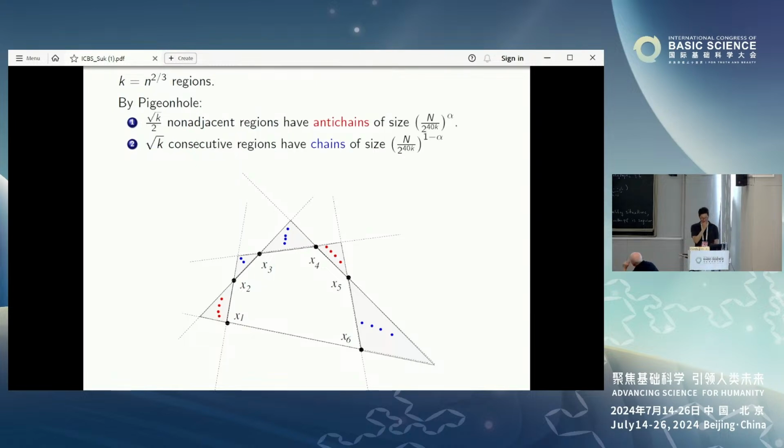And you can conclude just by pigeonhole that either you'll have many non-adjacent chains of alpha, or you'll have many consecutive triangles.